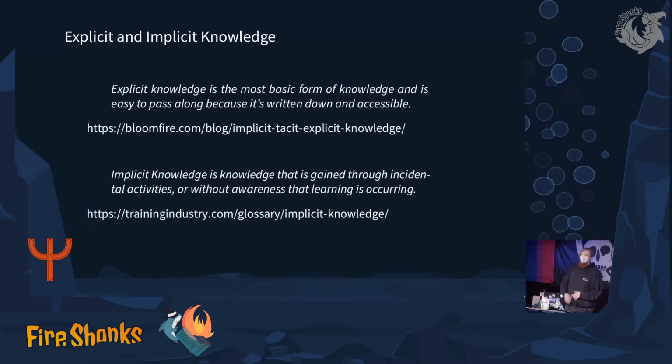And what about things that you can't easily write down? This is what is called implicit knowledge. It is something you learn by doing, by experimenting. For example, it can start with children.